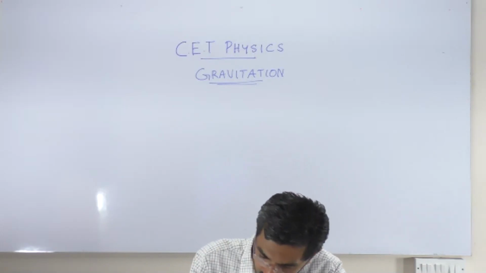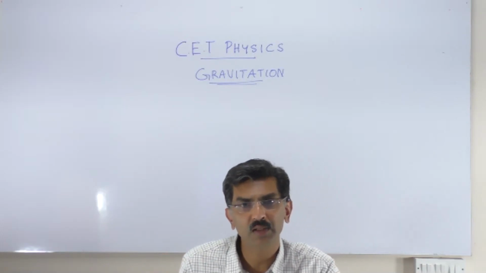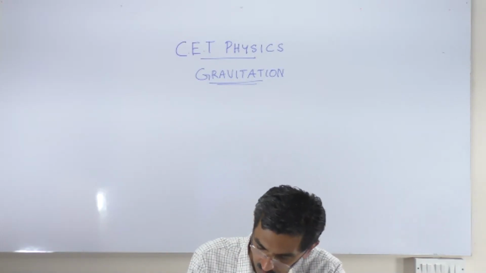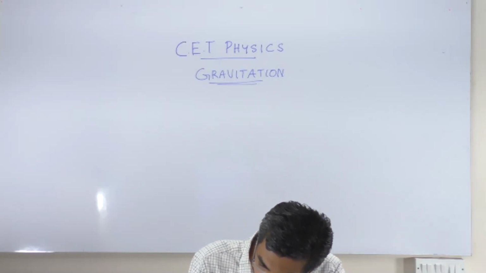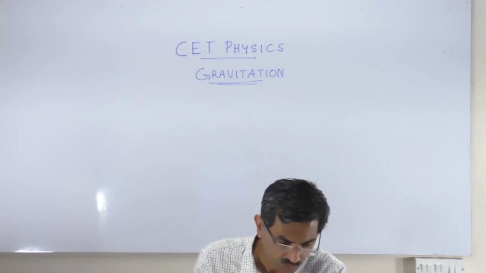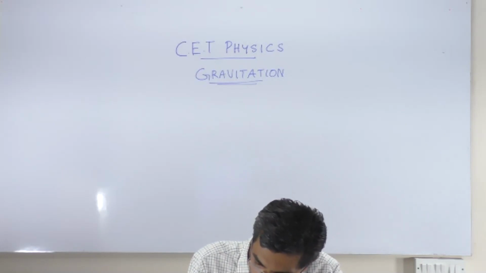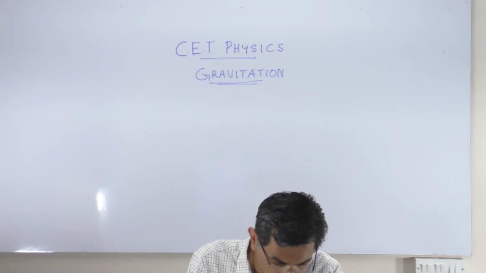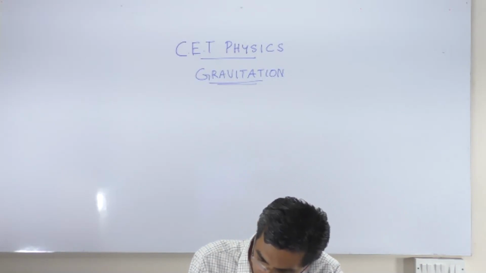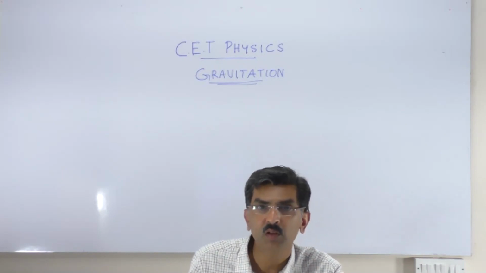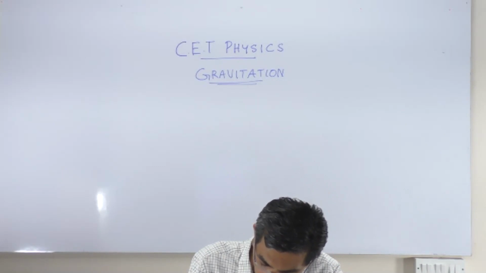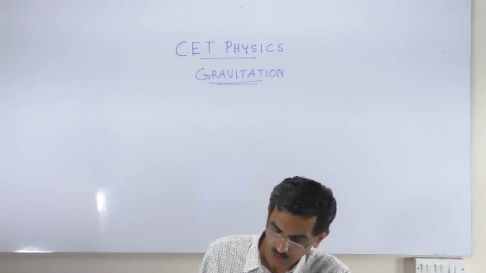In that situation, the total energy is a combination of kinetic energy and potential energy. The kinetic energy is half mv square. What about the potential energy of the satellite? The potential energy is given by minus GMm by r, where r is the distance of the satellite from the center of Earth.